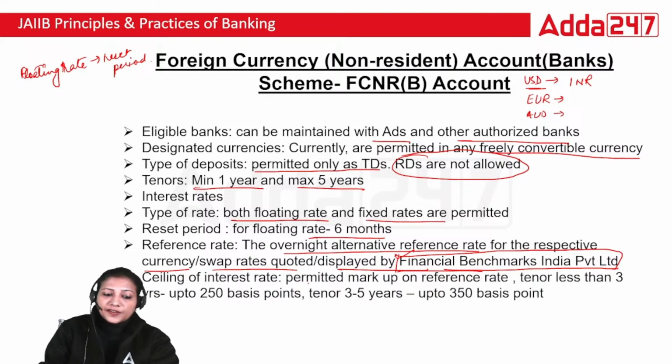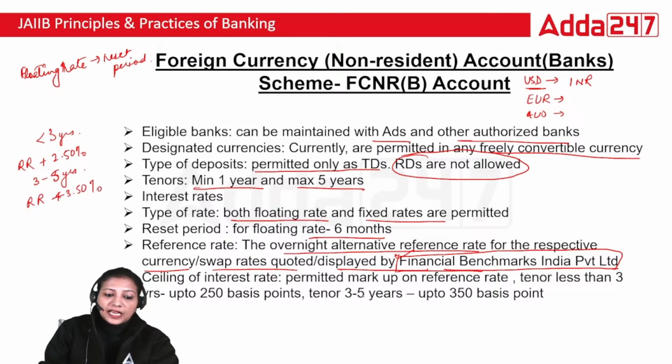Ceiling of interest rate, permitted markup on reference rate: where the deposit is less than 3 years, it is the reference rate plus 2.5%, and if it is 3 to 5 years, then the reference rate plus up to 3.5%.